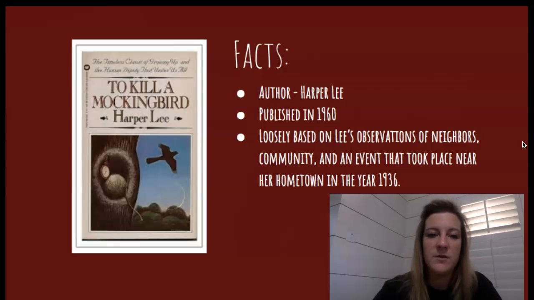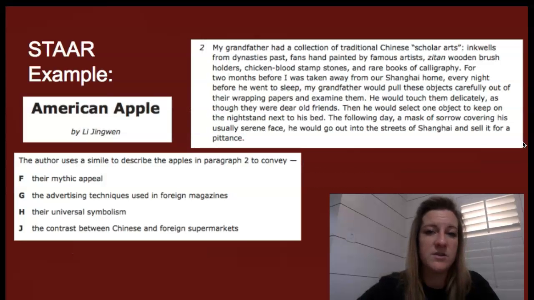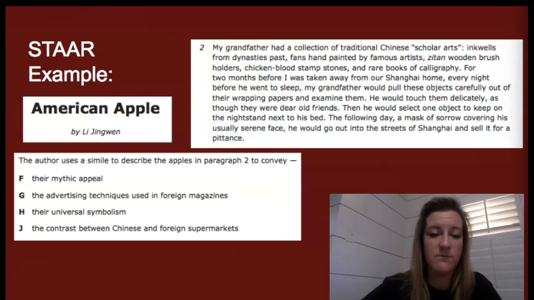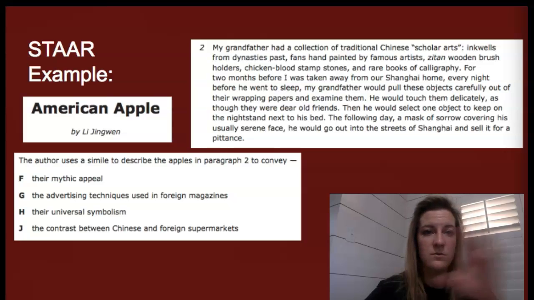Okay, so there are test questions that you will be asked that relate to this standard. And again, it's connecting the figurative language from the story to the time period it's written in. I know that's kind of confusing, but we'll get through it.